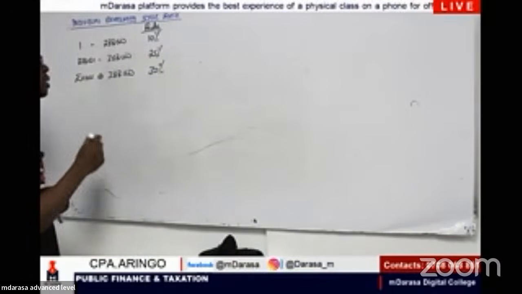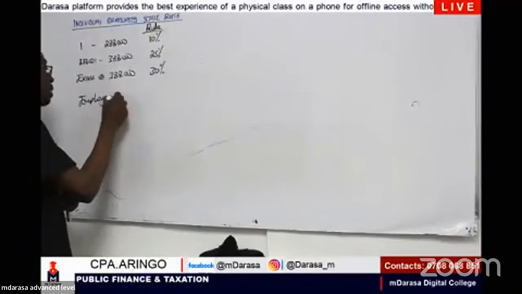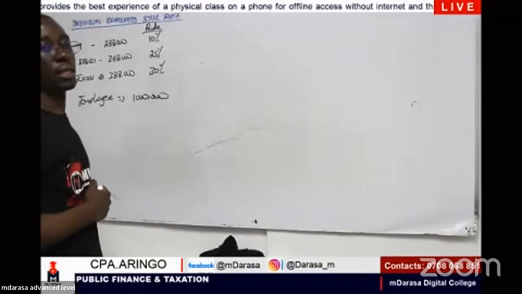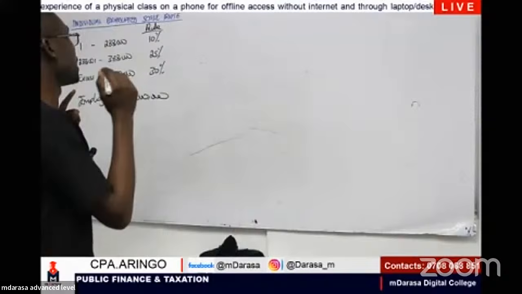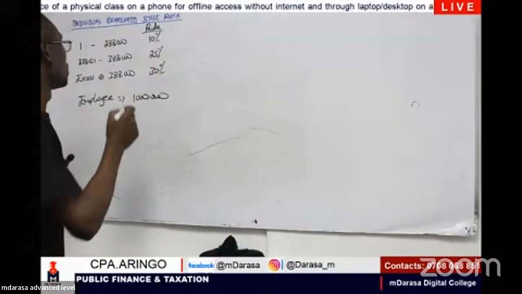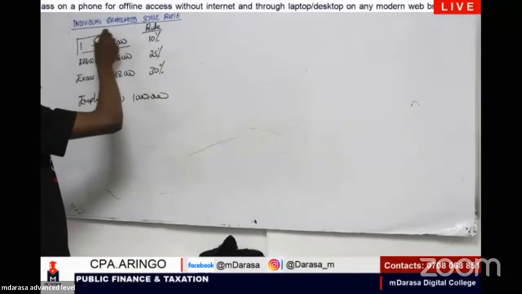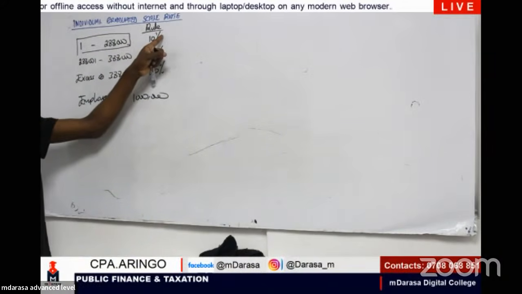Assuming you're having this employee earning 1 million. Okay? This employee is earning 1 million. So to study this scale rate, we have the first bracket. This is our bracket number 1. The tax rate is 10%.